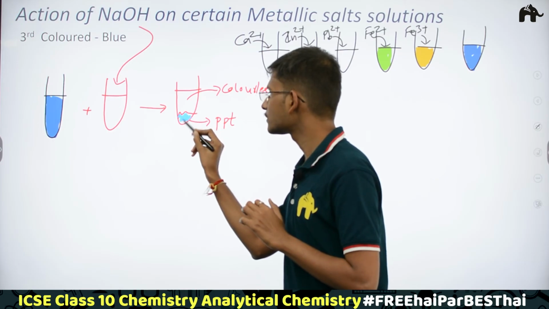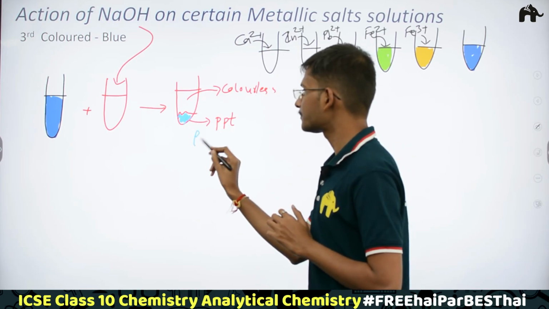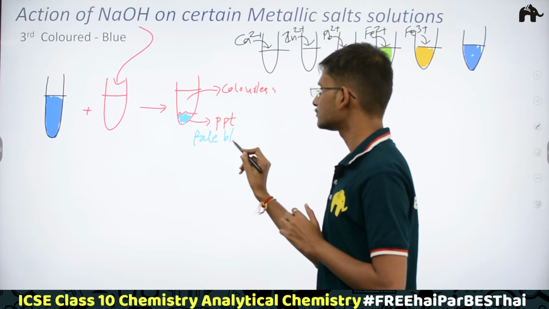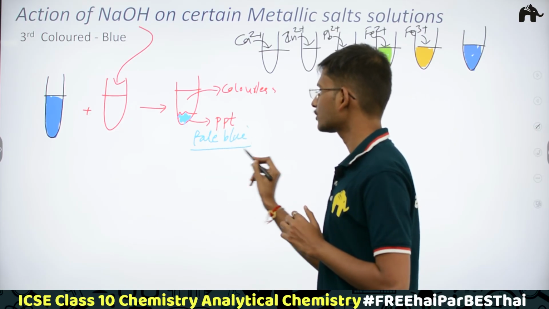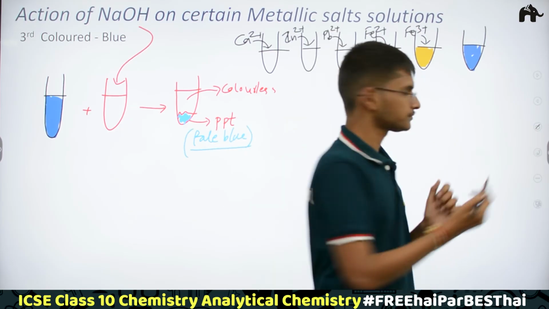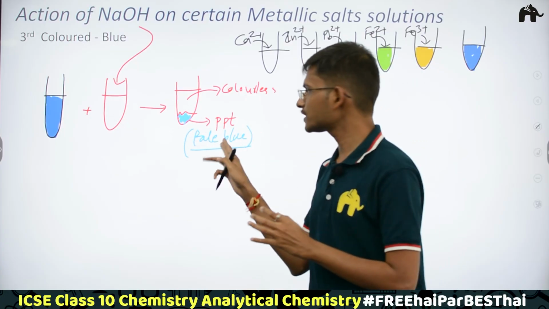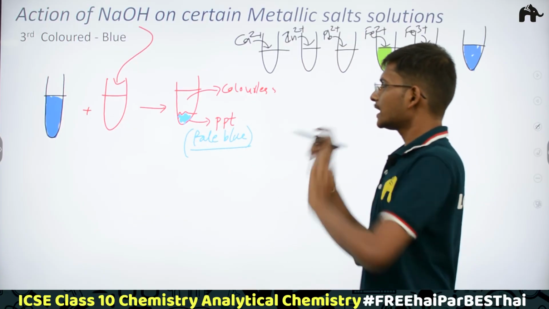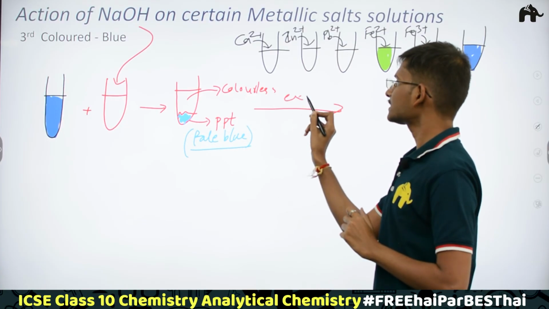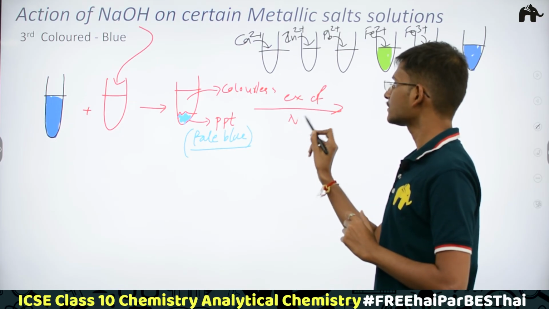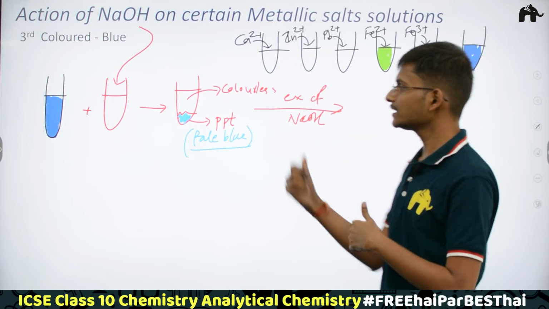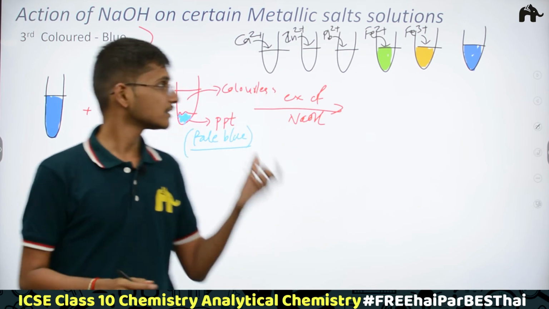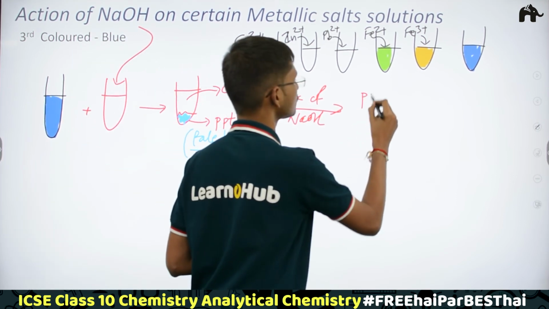Pale blue. Very easy to remember. See, blue colored solution is giving pale blue color. Now after adding excess of NaOH, what is happening? The precipitate remains as it is, which means that the precipitate is insoluble.